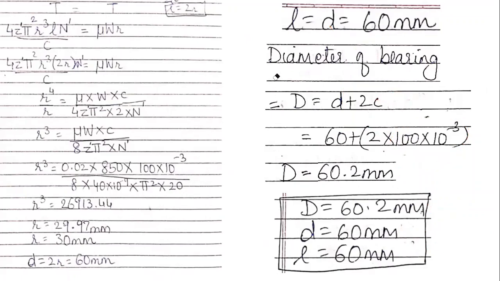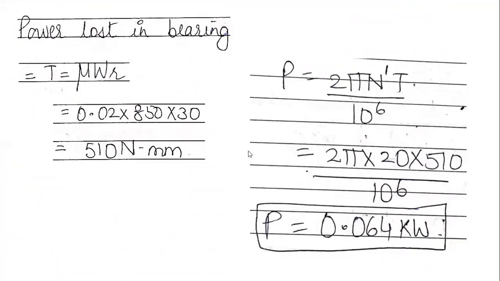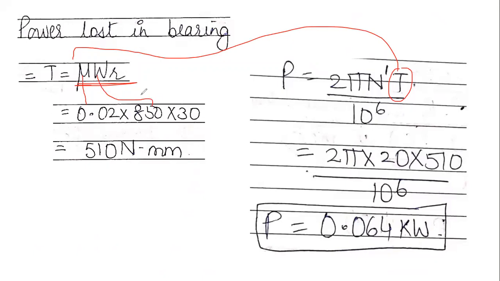Next, what should I do? I have to find out one more thing, that is the power lost in bearing. To find out the power lost in bearing, I first need to find out the torque. So the formula for torque is mu W R. Mu is given as 0.02, W is given as 850, and right now we found out the radius, that is 30.